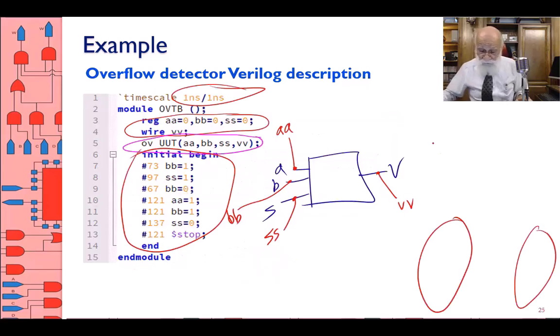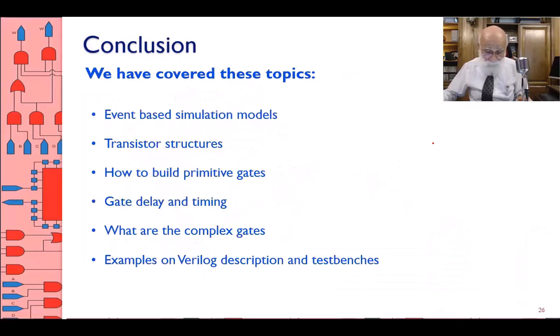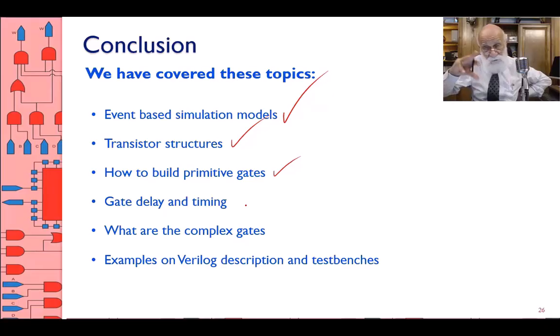All right, we are done, and we have covered these topics: event-based simulation, concurrent simulation, transistor structures, timing of them, how to build primitive gates, how to describe primitive gates, gate delay and timing. We talked about timing, TPHL, TPLH, and so on.